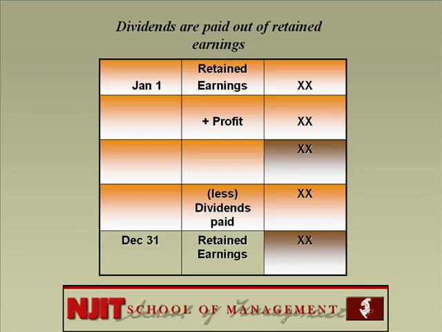The retained earnings at the start of the year increases by the profit made by the company during the year. Then it decreases by the dividends paid. So, beginning retained earnings plus profit less dividend give you the ending retained earnings.